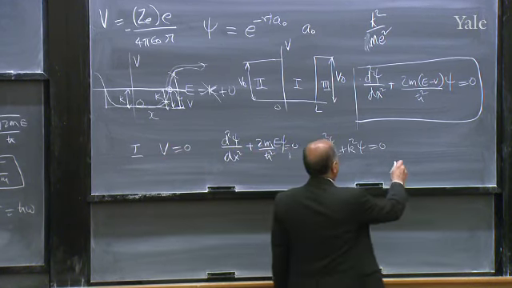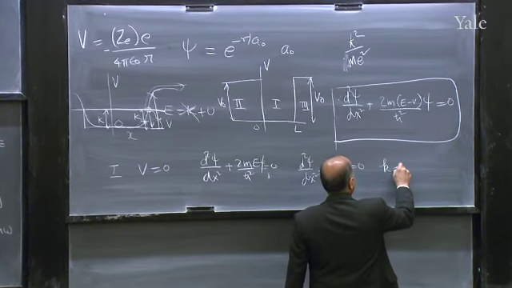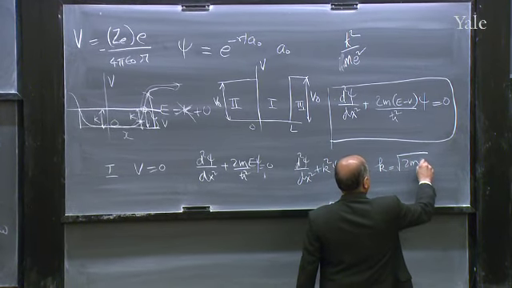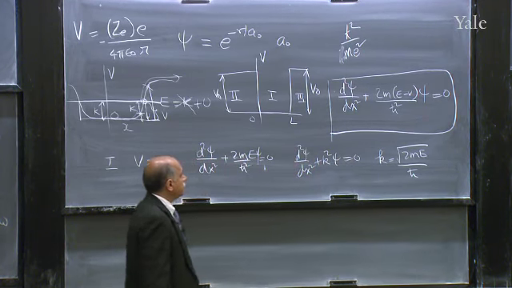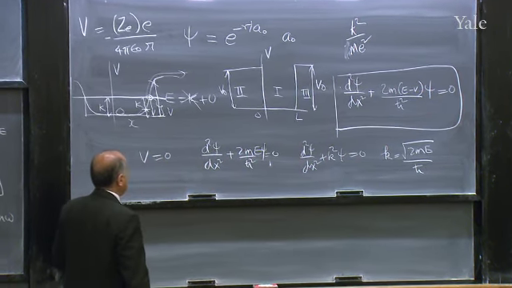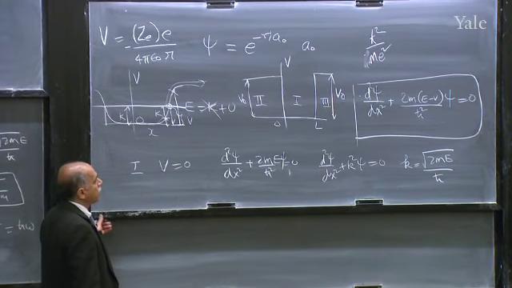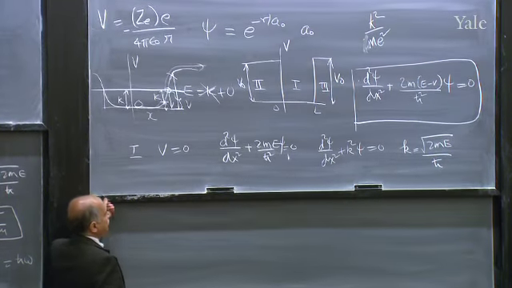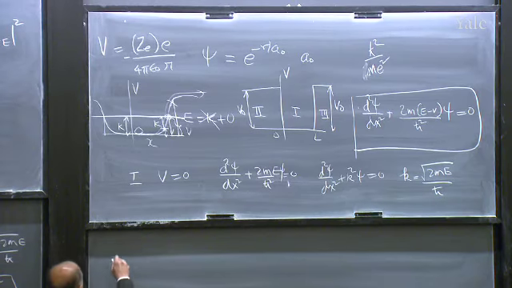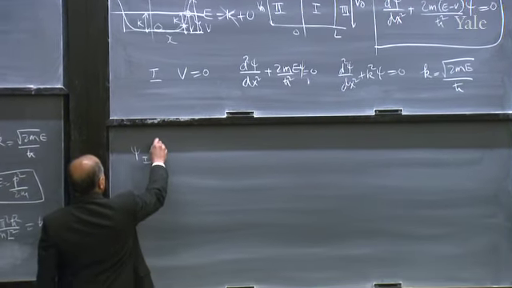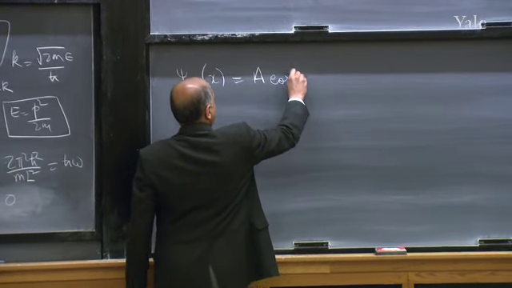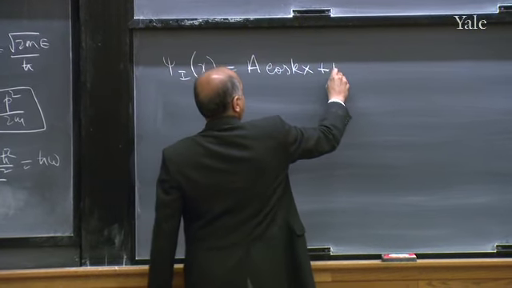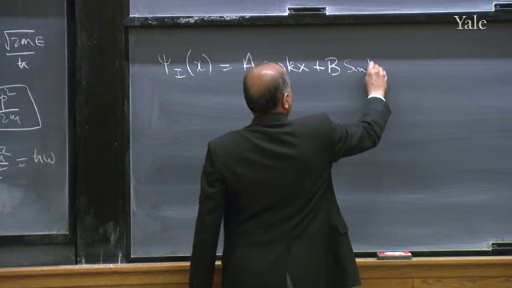This k is the same as before. K is equal to the square root of 2mE over h bar, in region 1. So what's the answer to that one? Again, it's exponentials, but I'm purposely going to write it in region 1 as follows: A cosine kx plus B sine kx.